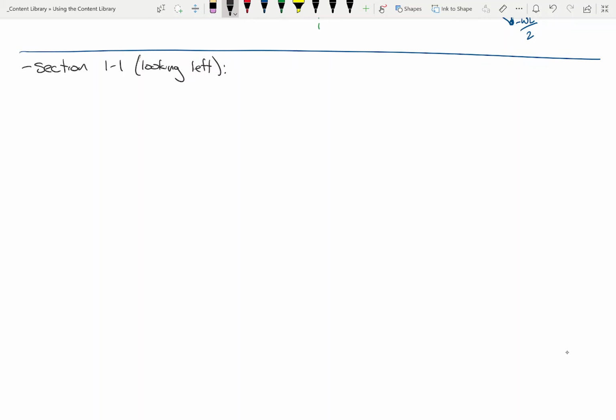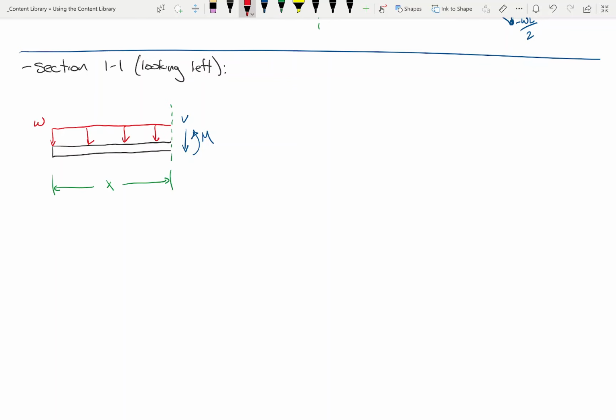Unknown shear, unknown moment, right? This is w, this is x. So take that distributed load, collapse it into a point load.